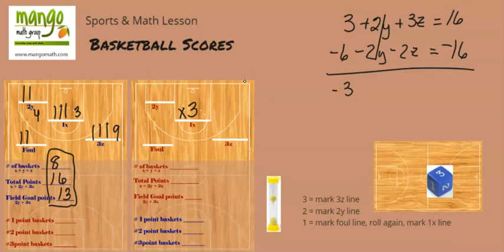And then this is going to get me a positive 3z minus 2z, which is just a z. So I have a positive z equals, I'm going to take that 16 minus 16, and I've got 0. So I'm going to isolate that z, and take that -3 over to the other side where it's going to become a positive 3.